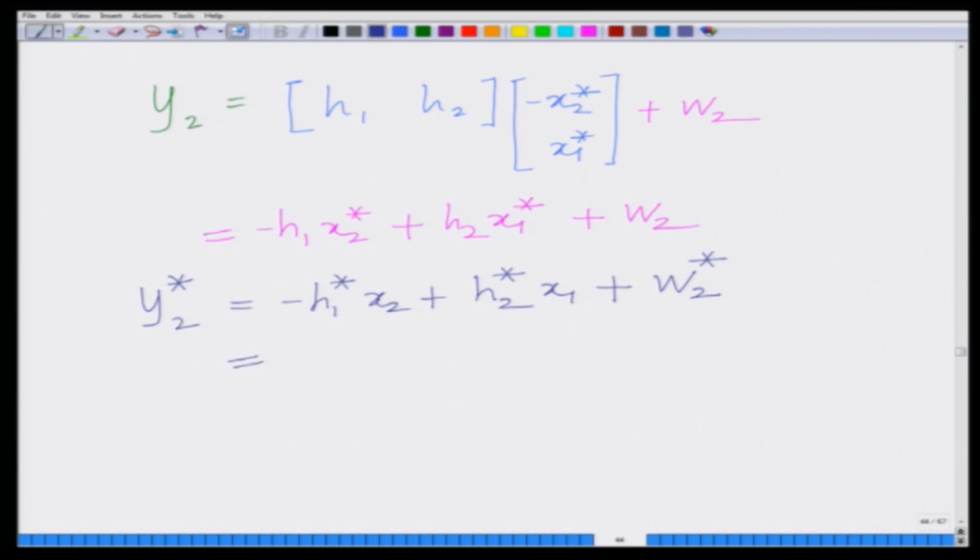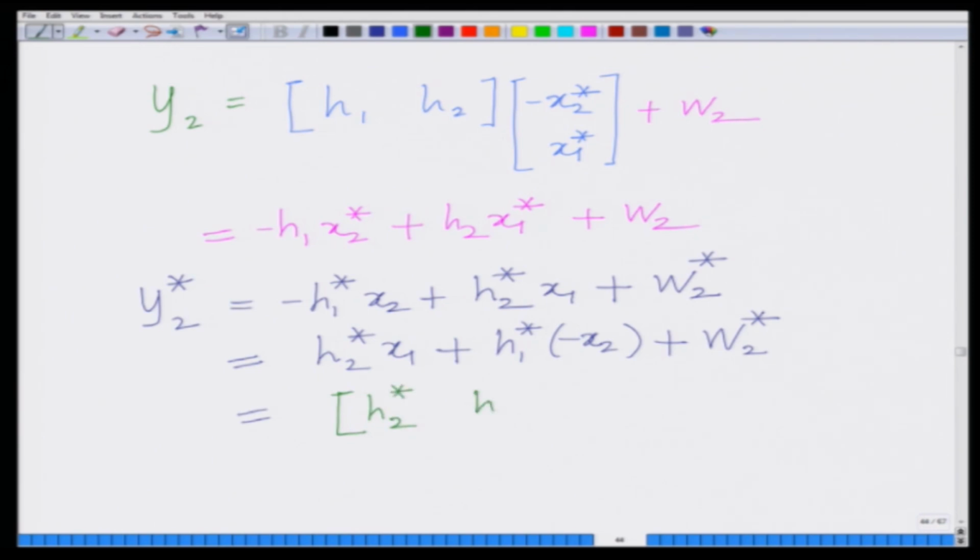Now I can also write this as H2 conjugate x1 plus H1 conjugate times minus x2. I am just rewriting this as H2 conjugate x1 plus H1 conjugate into minus of x2 plus W2 conjugate.